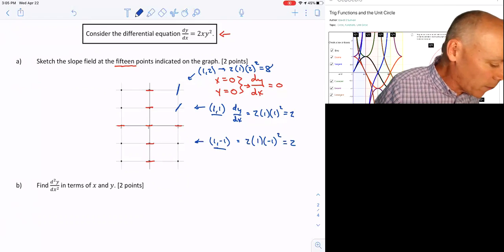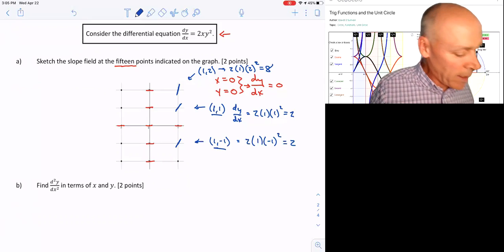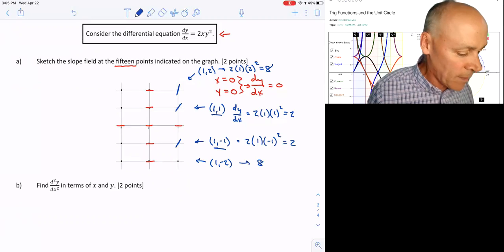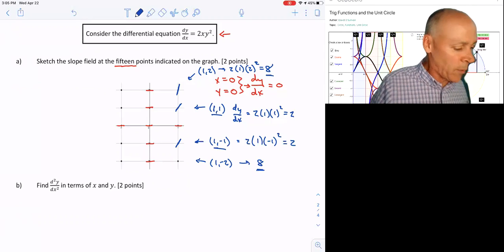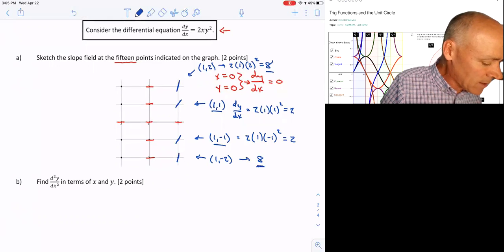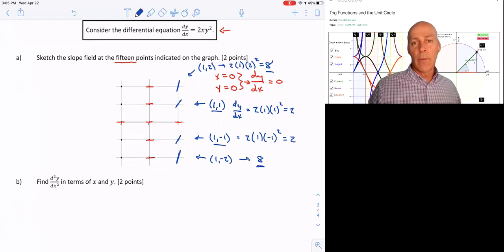That one needs to be parallel to the one above, something like that. Would you believe this point right here at 1, negative 2? You got it. It's going to have a slope of 8, just like the corresponding point up above. So I'm just going to sketch that one. These don't need to be exact, but that's close enough for government work.